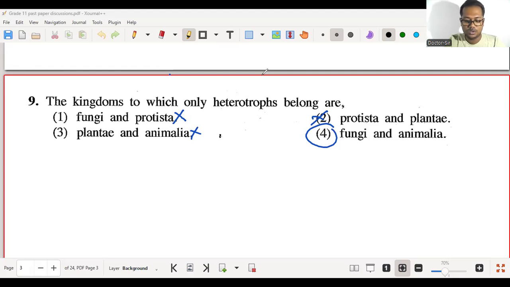They depend on other organisms, which produce the foods, and then they depend on those foods. Now for the plant, they can have their own production and their own energy, so that's not suitable here. Now we move on to the next question. This is an easier one.